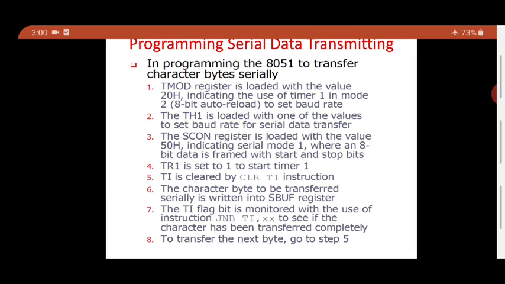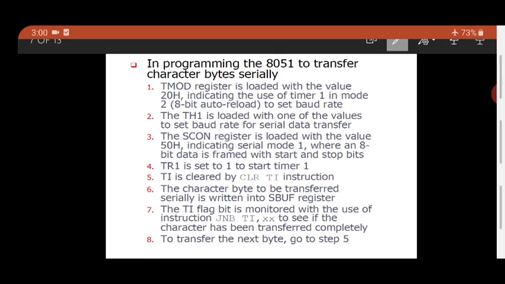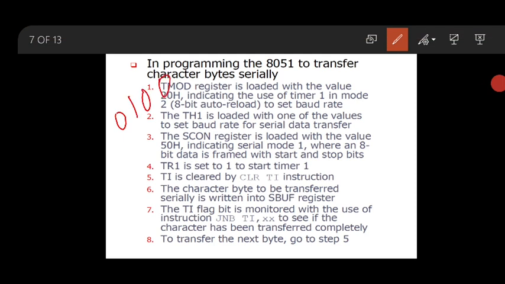The SCON register is loaded with the value 50H, okay, 50 is 0 1 0 1 0 0 0 0. Indicating that SCON is configured like this, in mode 1, because most of the time we are using mode 1.